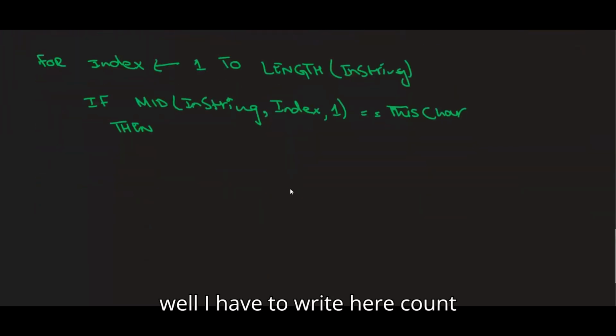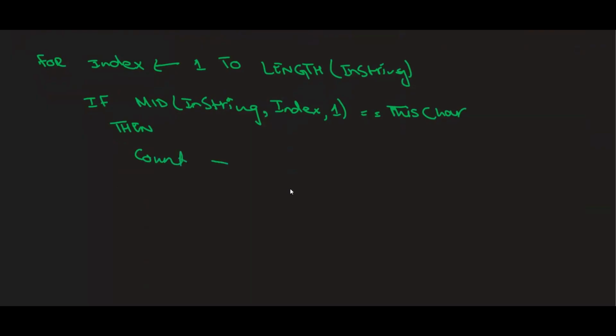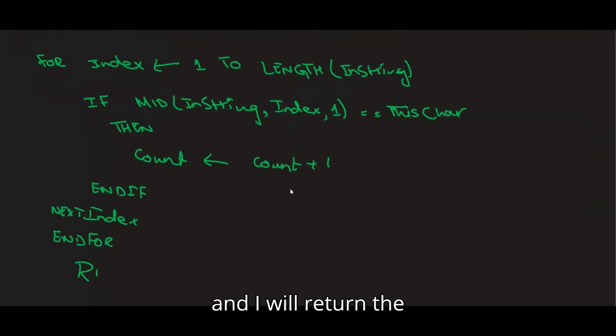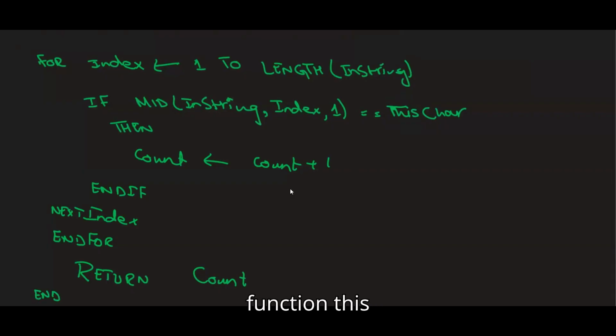So I have to write here count. And if next index, and for, and I will return the value here, return count and end function.